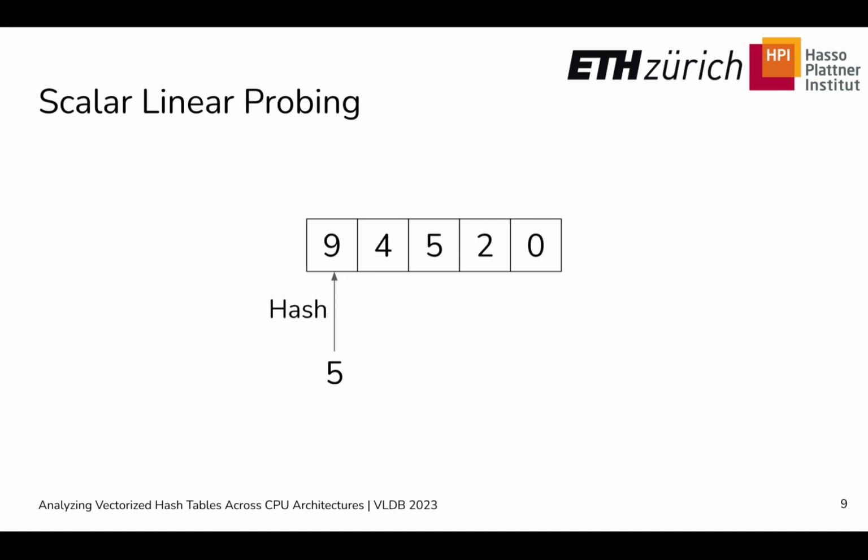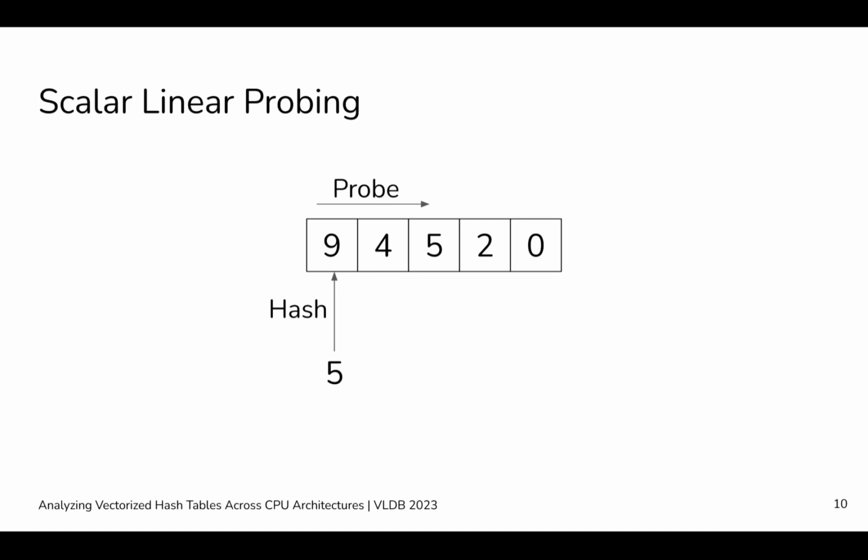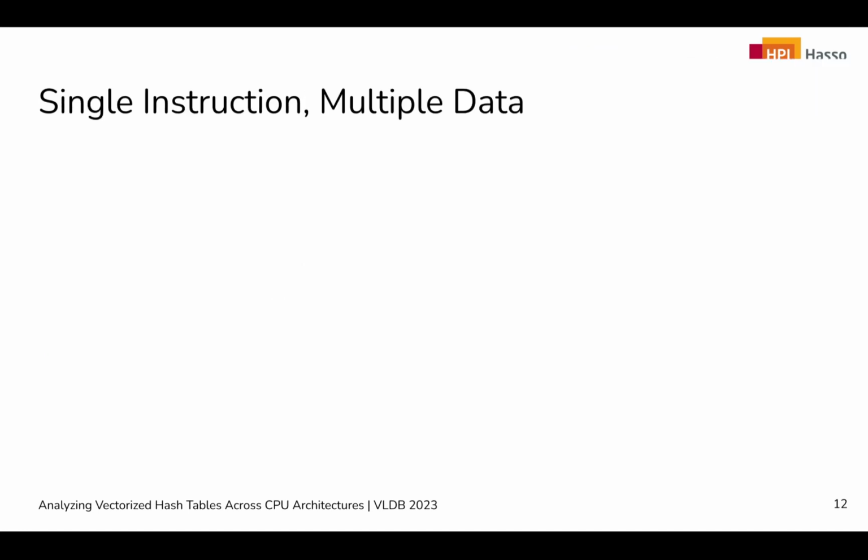The hash function will tell you where to start searching for key 5, in this case at index 0. However, at index 0, we find key 9 and not key 5. Hence, we have to linearly probe throughout the hash table. Because we walk step by step, this hashing scheme is called linear probing, until we find key 5 or reach an exit condition. So that's scalar linear probing.